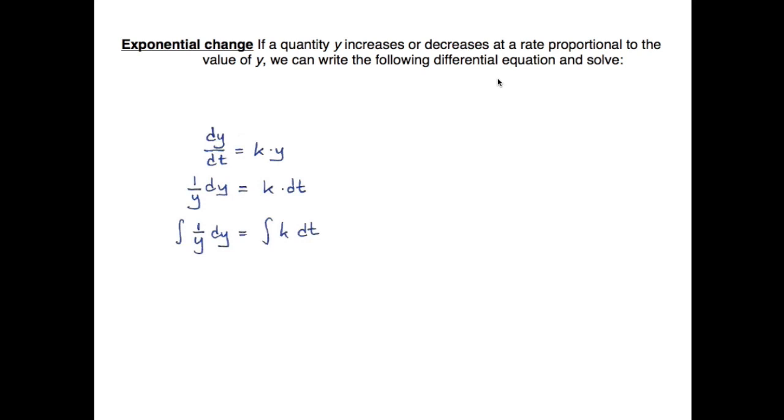So we would use t rather than x. The integral of 1 over y dy is ln of the absolute value of y. The integral of a constant is simply k, the constant, times the variable, so kt plus a constant c.